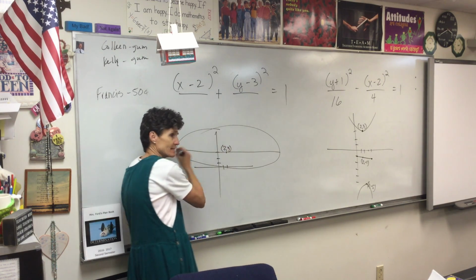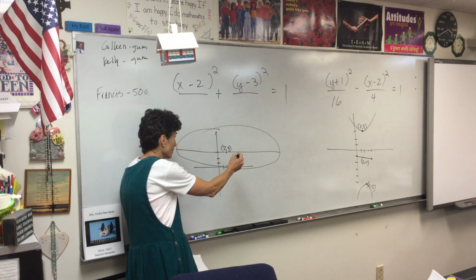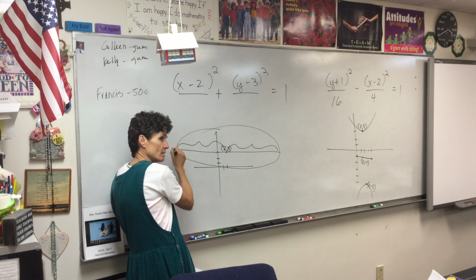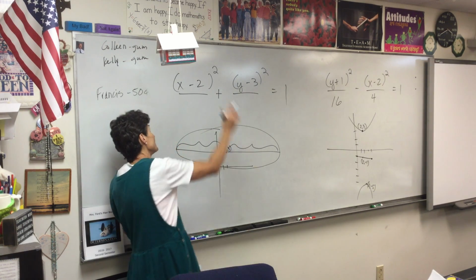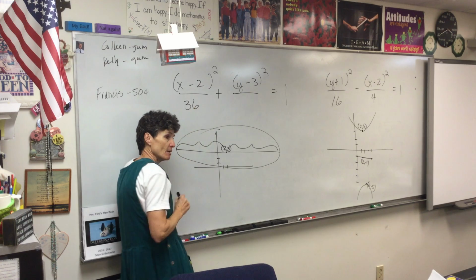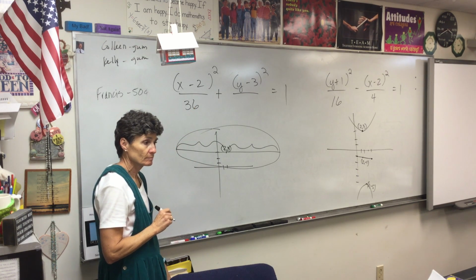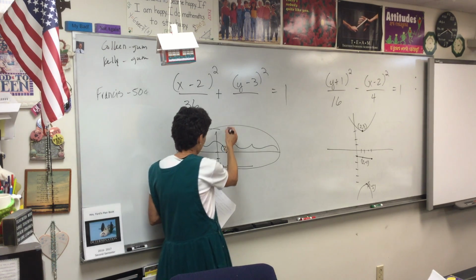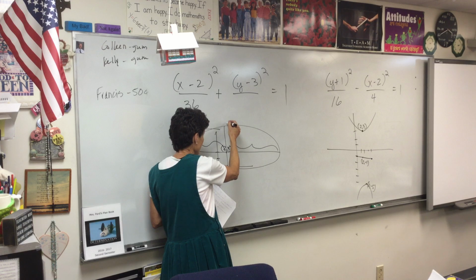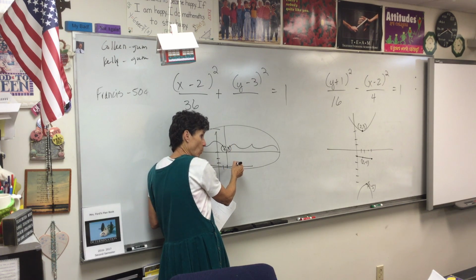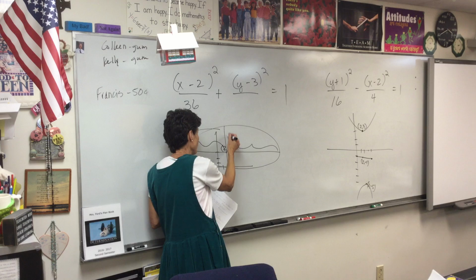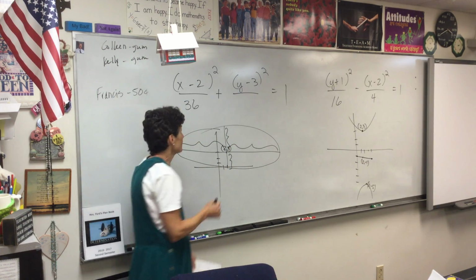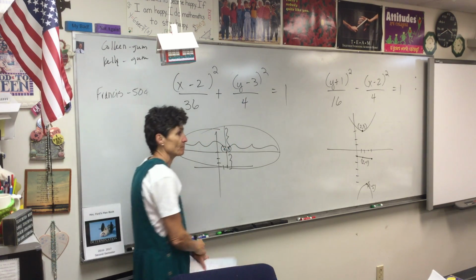That distance is 12, which means we went forward and backward 6, which means this number is a 36. The minor axis, this whole thing, is 4, which means we went up and down 2, which means that has to be a 4.